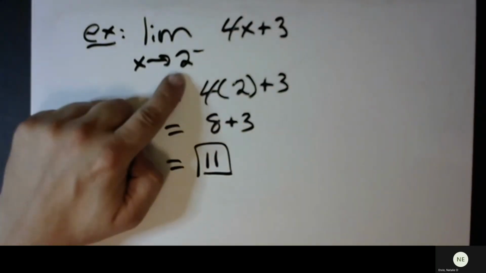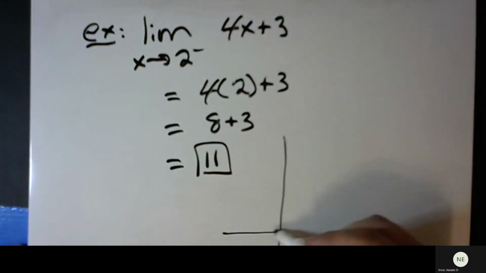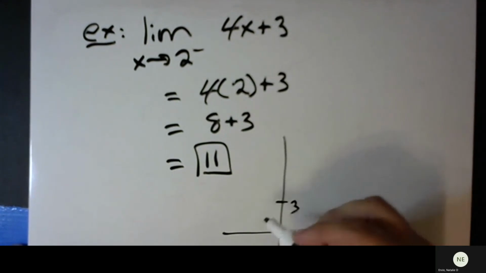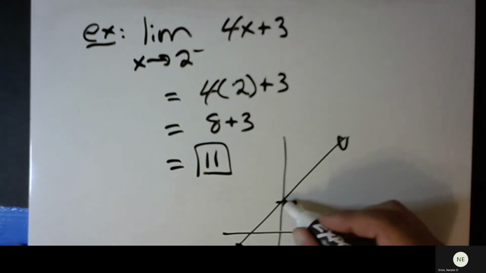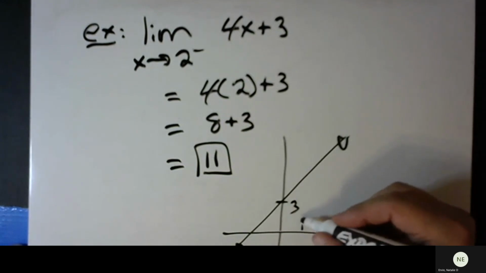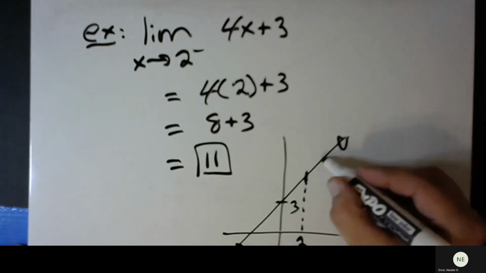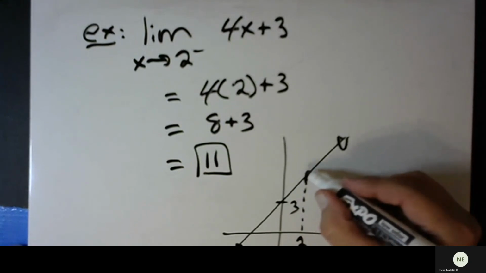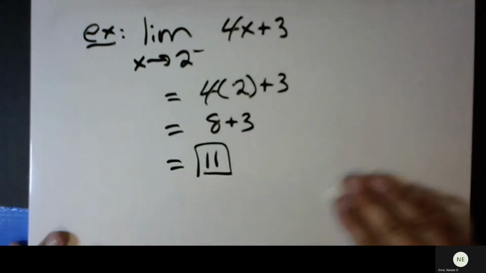The reason we can be so cavalier with this is that with 4x plus 3, as we approach 2 from the right or from the left, we're converging in the same location. Where you've got to be careful with these limits, though, one-sided limits.